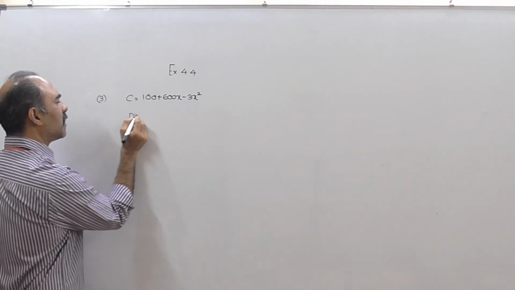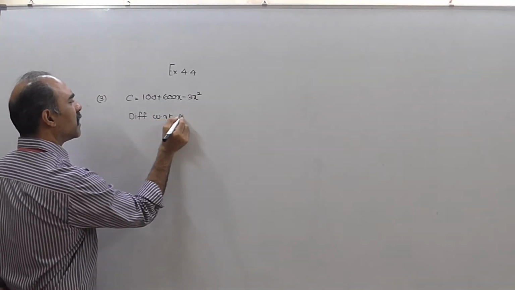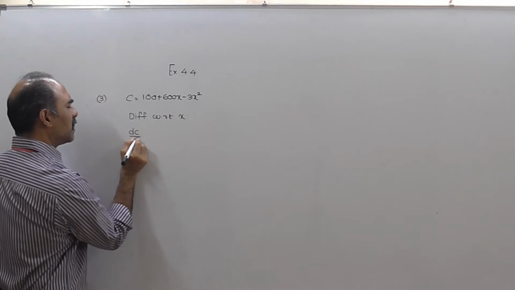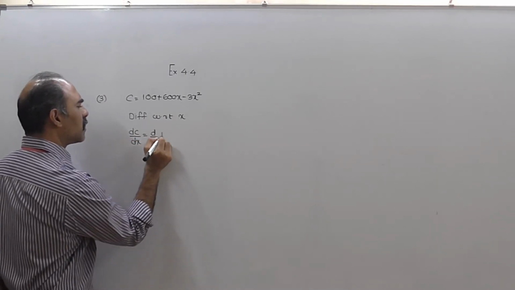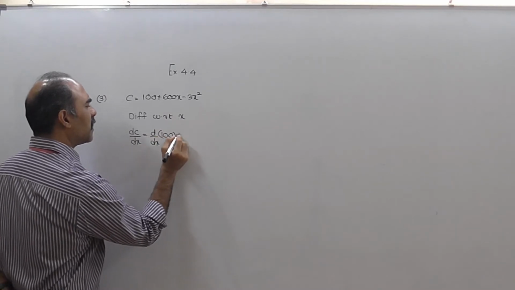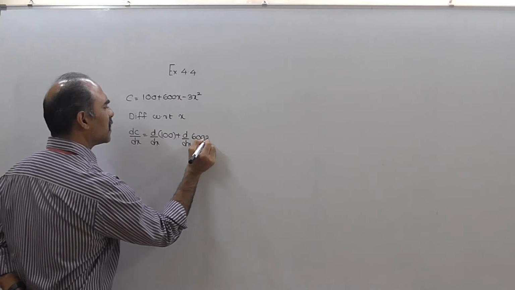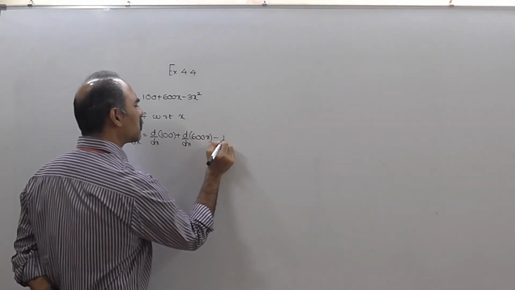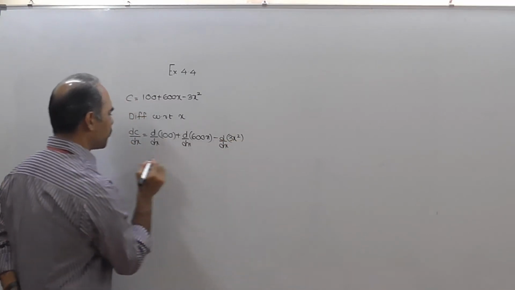So I will write here, differentiate with respect to x. So I get dC by dx equal to d by dx of 100 plus d by dx of 600x minus d by dx of 3x square.